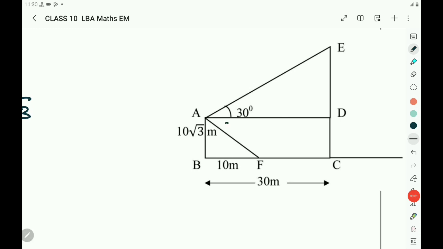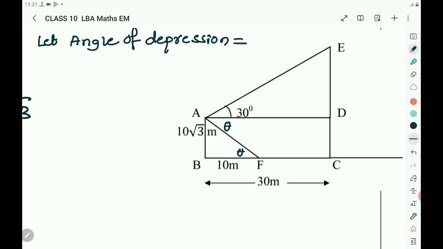Next we have to find out angle of diffraction theta. So these two are equal. Then you write angle AFB. Let angle of diffraction, which angle is the angle of diffraction? DAF.